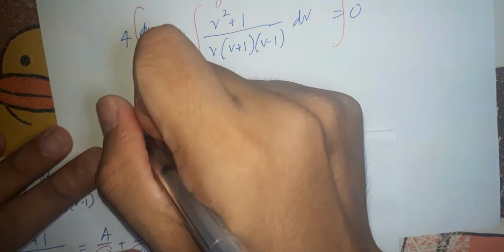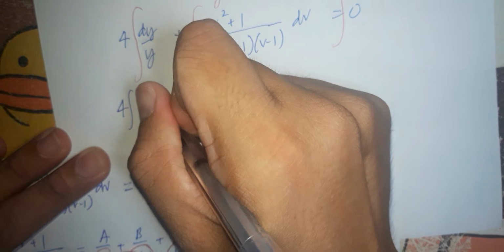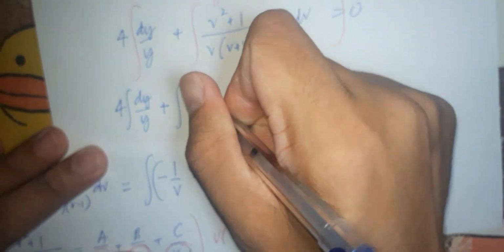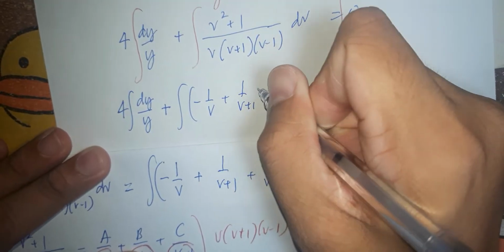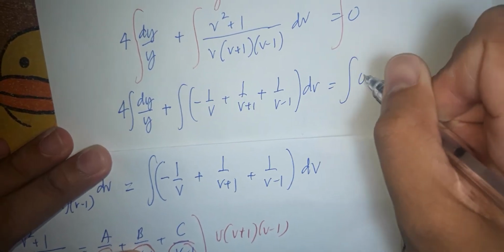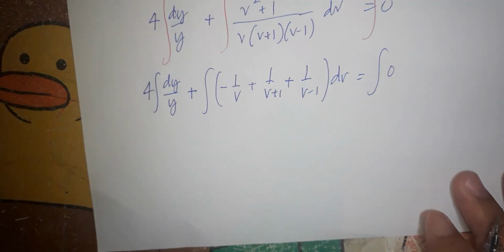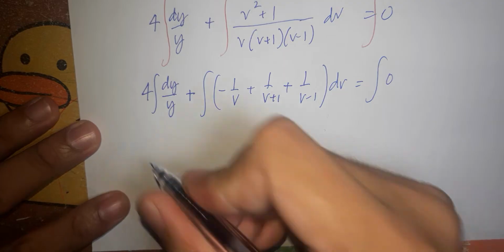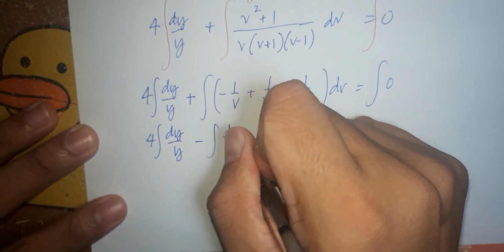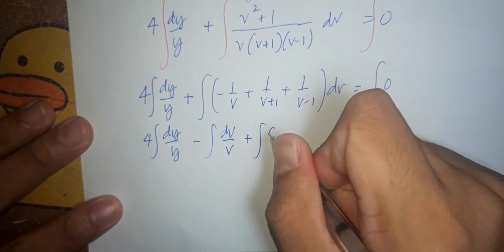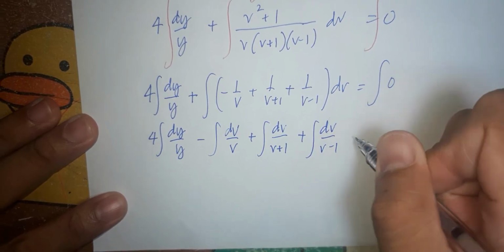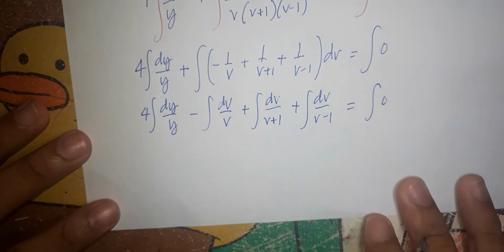So, let us try to rewrite muna: integral of dy over y, plus integral of negative 1 over v, plus 1 over v plus 1, plus 1 over v minus 1, dv is equal to integral of 0. So, let us try to integrate this. So, magiging 4 integral of dy over y, minus integral of dv over v, plus integral of dv over v plus 1, plus integral of dv over v minus 1 is equal to integral of 0.